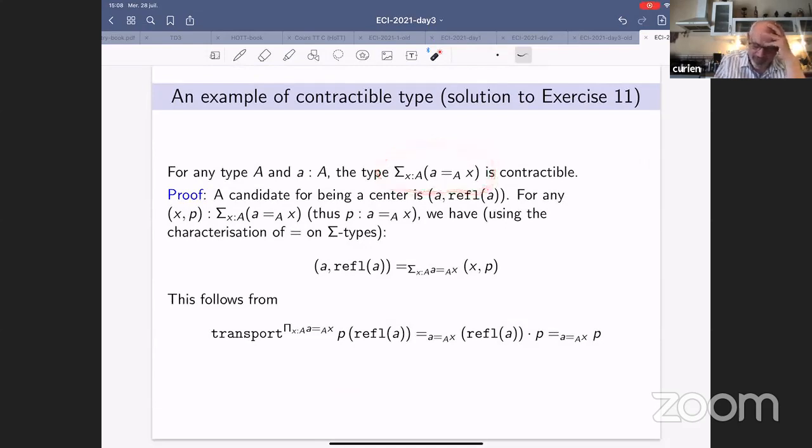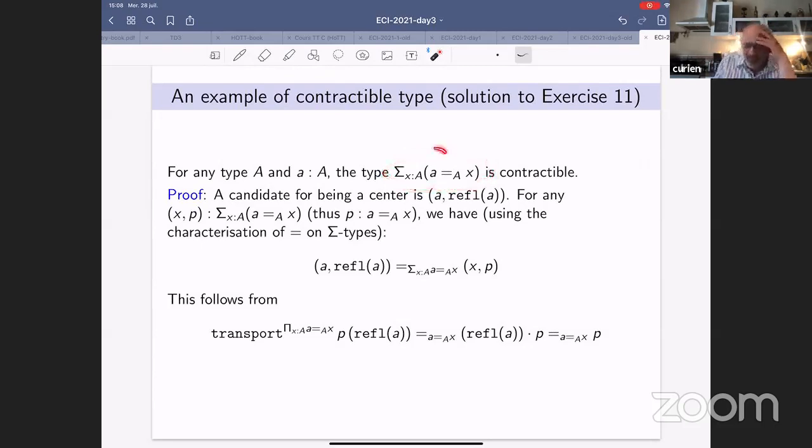A is an arbitrary type, and this type has as inhabitants a pair of an element of capital A and a proof that A is equal to X. The theorem says that this type is contractible.